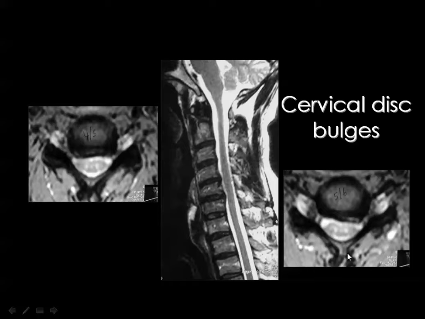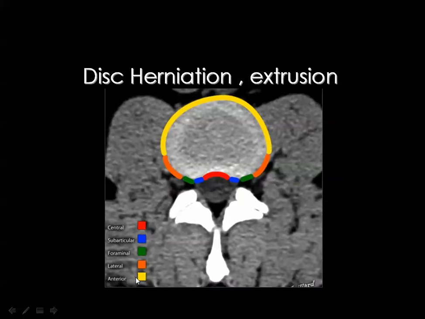At C5-6, you can see also the edge of the disc is bulging from left to right, but it is more on the left side, meaning that the annulus is weaker on the left side, and we call this diffuse posterior and left posterolateral disc bulge. And if the annulus is going to be torn, after that, this will be the site of the tear.